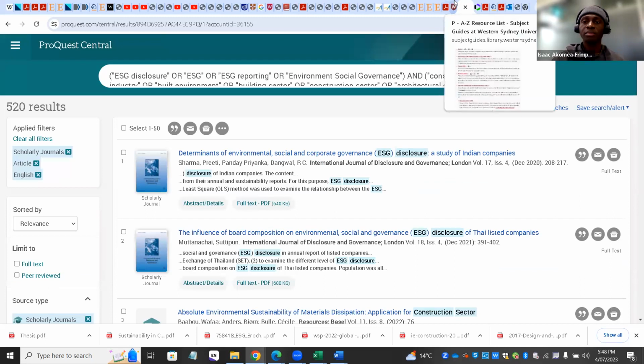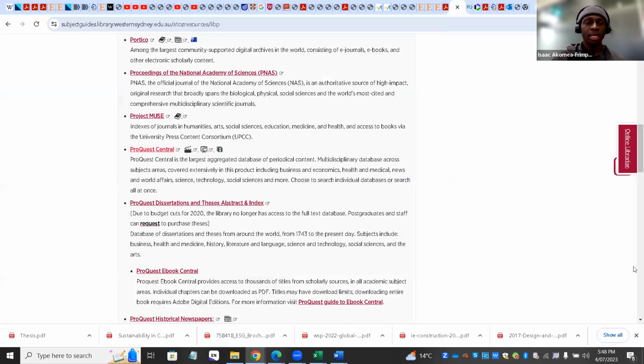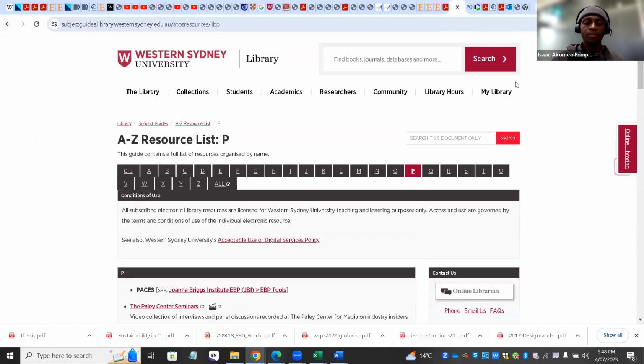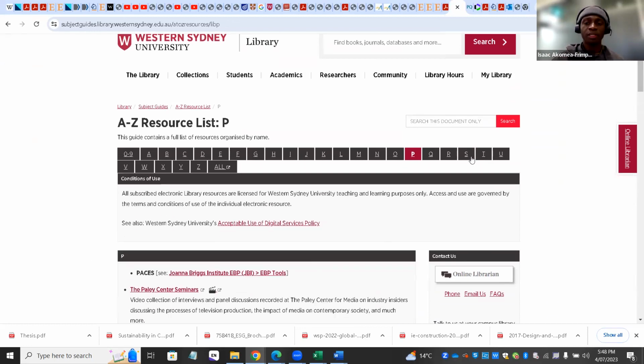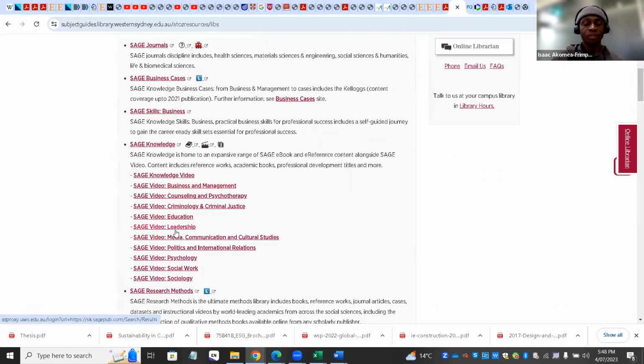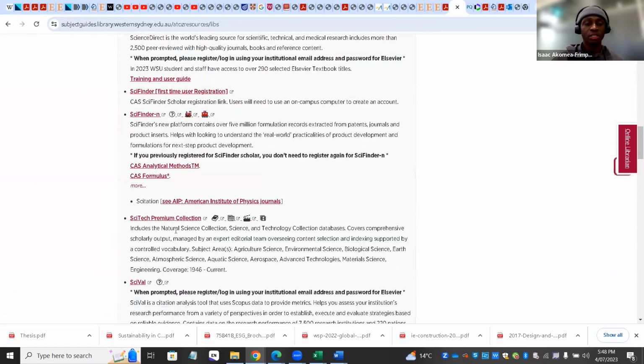Then with Scopus, I did PubMed too. Then I did Scopus. Scopus, I got 20. So let me quickly show you.